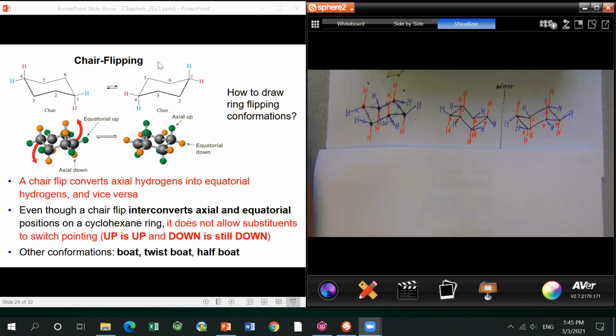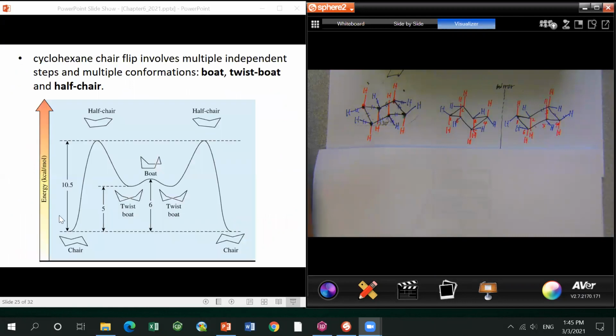Normally when you do a ring flip, changing one chair conformation to another chair conformation, you will bypass all these conformations. You first bend one carbon up, giving the half chair conformation, which is extremely unstable. Then you further twist the atoms, giving the twist boat conformation, which is relatively stable because the hydrogens are in a staggered conformation.